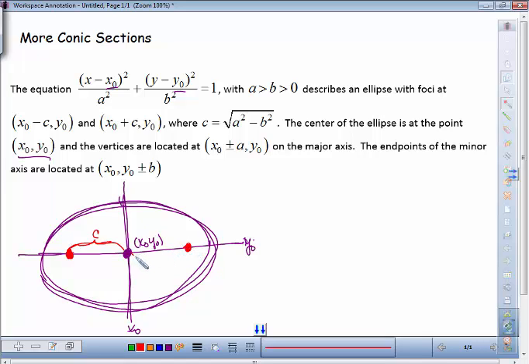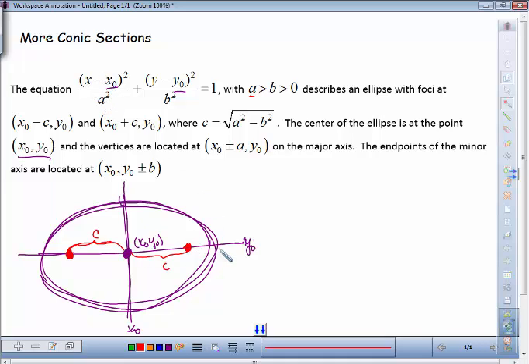And then the same distance on the other side will be your other focus. Now, since a is bigger than b in this case, your a is the value that's below the x squared value.